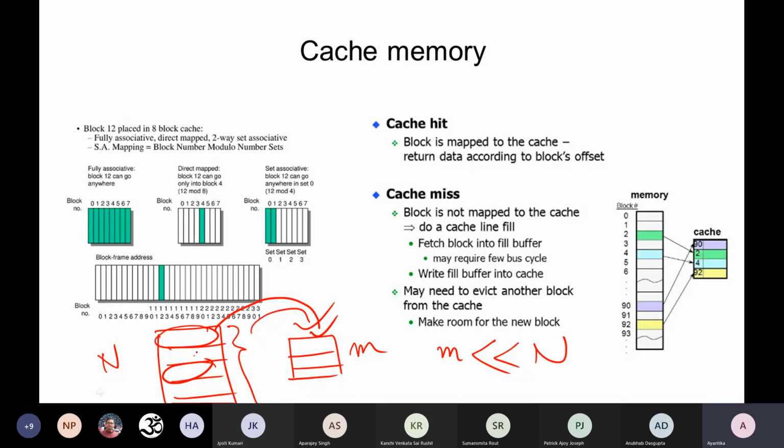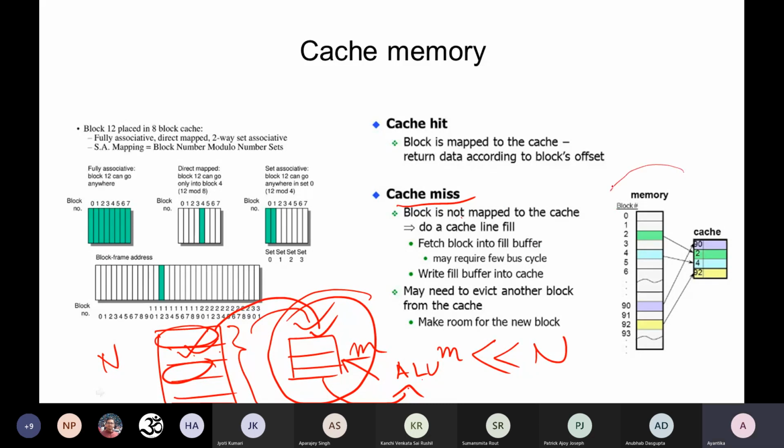But what will happen if you need some data from a block left in the main memory? Because every time your ALU is fetching data, it makes a request here and fetches data from here, correct? Now, if it requests some data from a block, and this block is not present in this cache, what will happen? We term it a cache miss. The block is not mapped to the smaller memory.